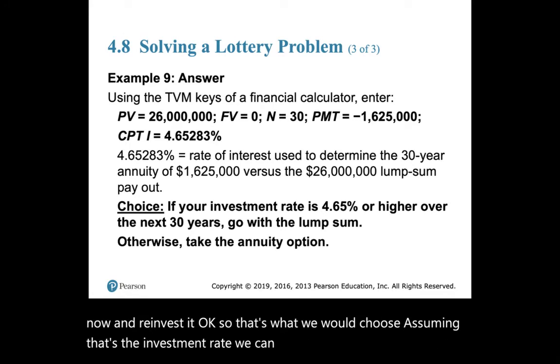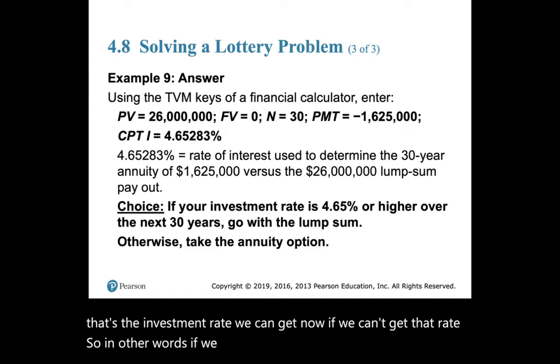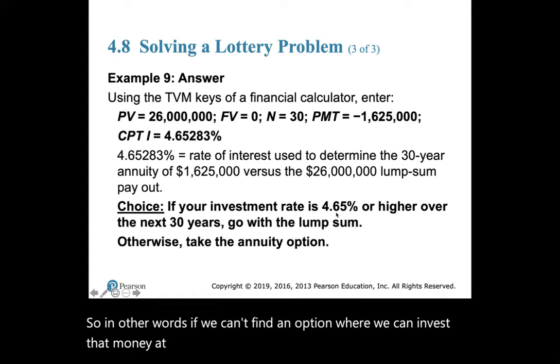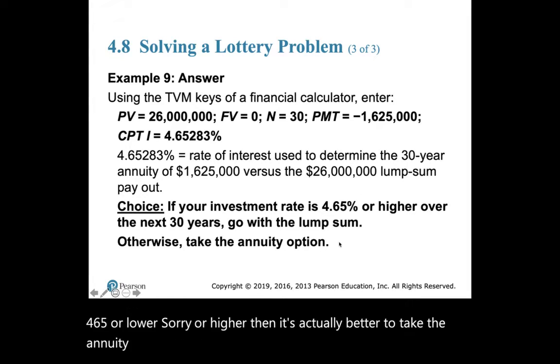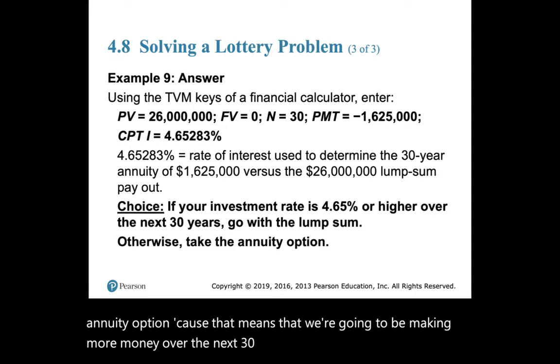Now, if we can't get that rate, in other words, if we can't find an option where we can invest that money at that rate or higher, then it's actually better to take the annuity option, because we're going to be making more money over the next 30 years. So you can see it's a little more complex.